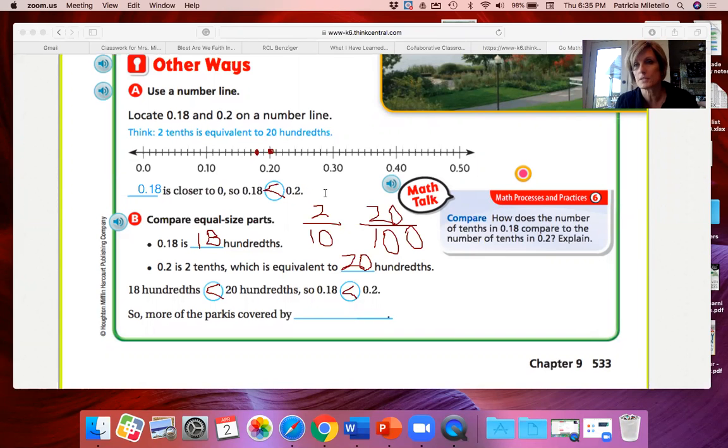I could show you that up at the top in the problem. So more of the park is covered by walkways. Sorry, the 2/10 was the walkways.